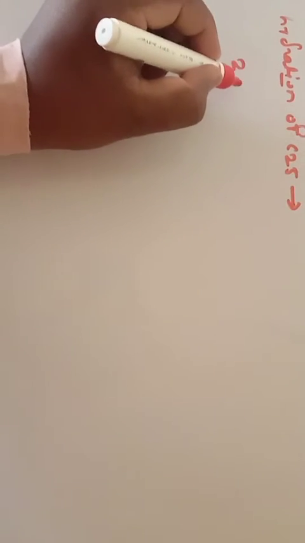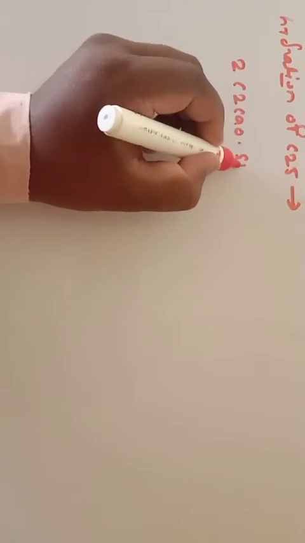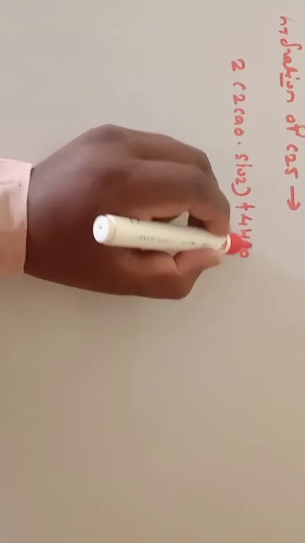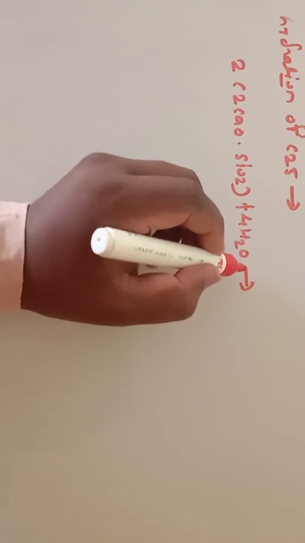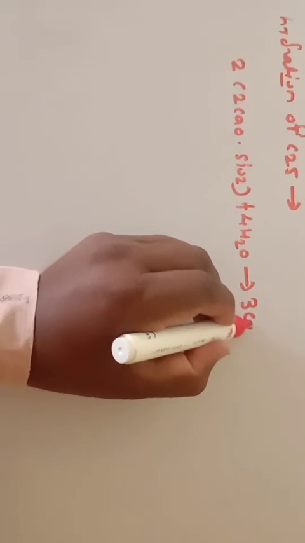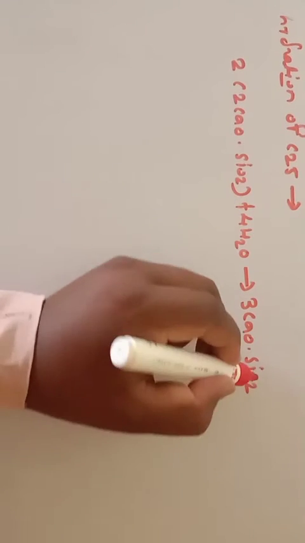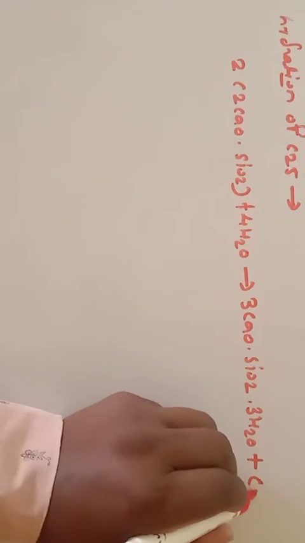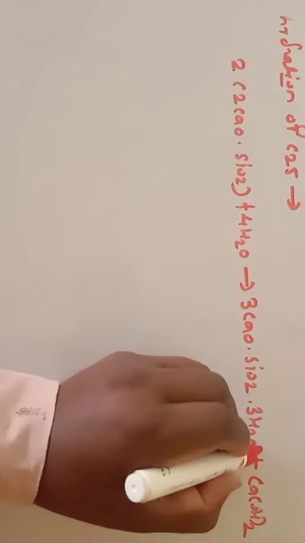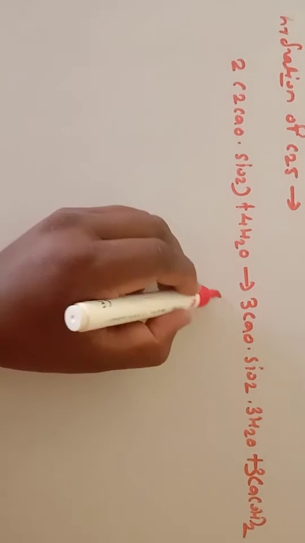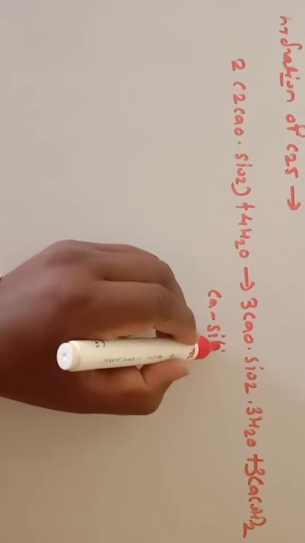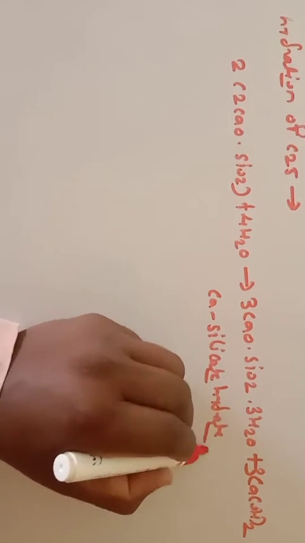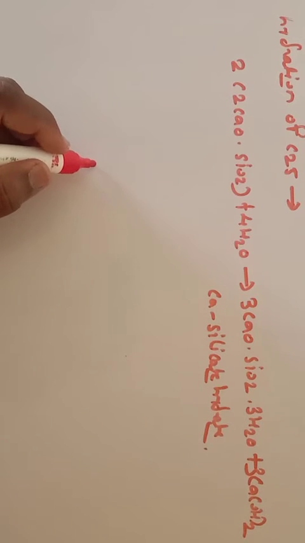Two molecules of dicalcium silicate react with 4 molecules of water, and there is again a formation of calcium silicate hydrate, 3CaO.2SiO2.3H2O, plus 1 molecule of calcium hydroxide.